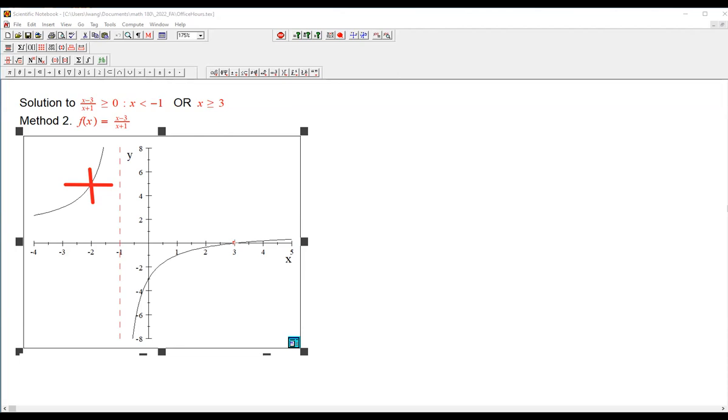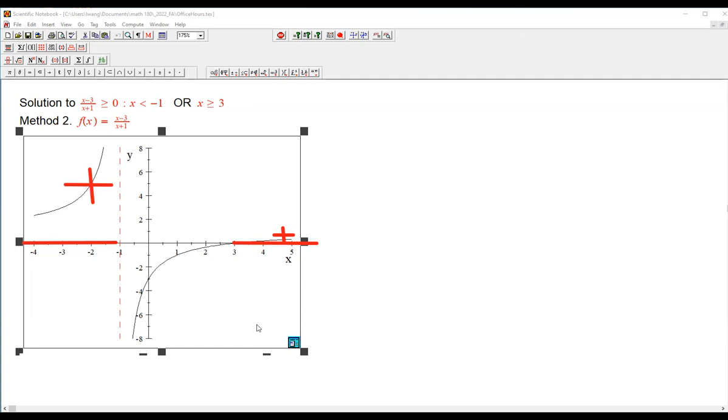And that other piece, you have one point that equals 0, 0 output, and positive later, right? So the solution would be all the way here, not including -1, and all the way here, including 3 and beyond.